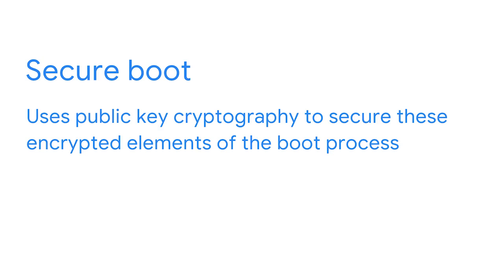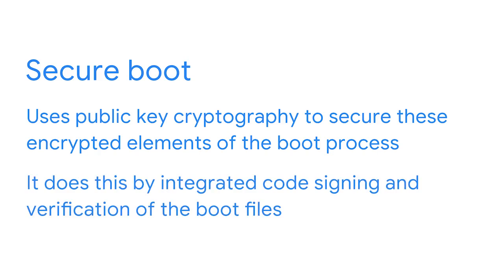There's also protection against this attack in the form of the Secure Boot Protocol, which is part of the UEFI specification. Secure Boot uses public key cryptography to secure these unencrypted elements of the boot process. It does this by integrated code signing and verification of the boot files.